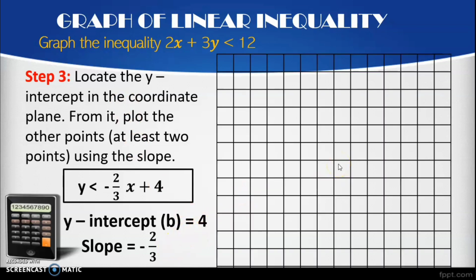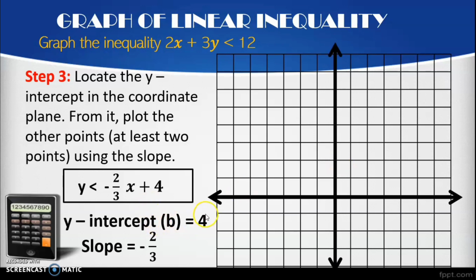In our coordinate plane, we have y-intercept is 4. So, from the origin, we will count 4 units up dahil positive ang ating y-intercept. So, going up tayo: 1, 2, 3, and 4. So, dito ang y-intercept natin. Next, our slope.